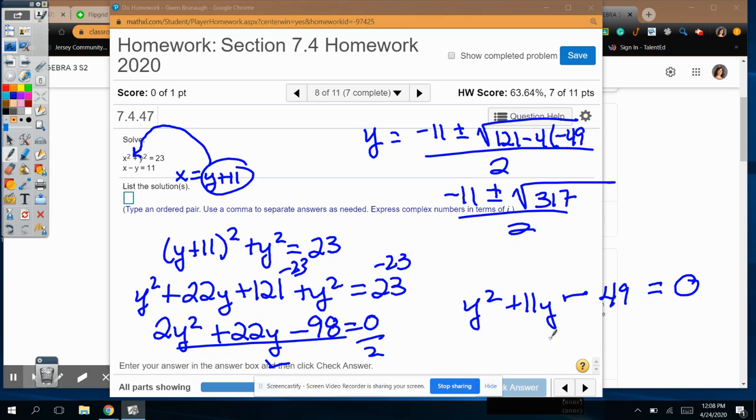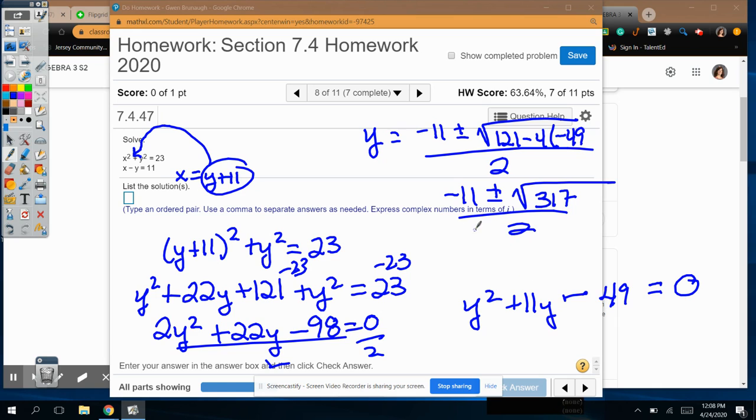I don't think it does. I'll try 9. Okay, yeah, I don't think it breaks down. So that's what y equals.